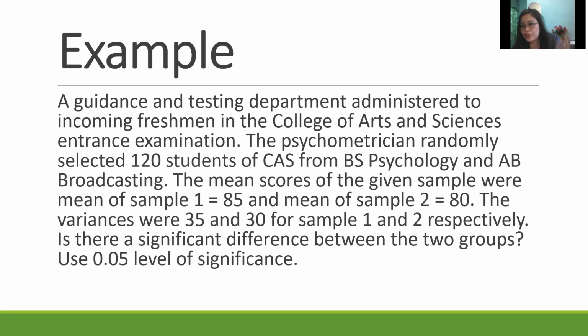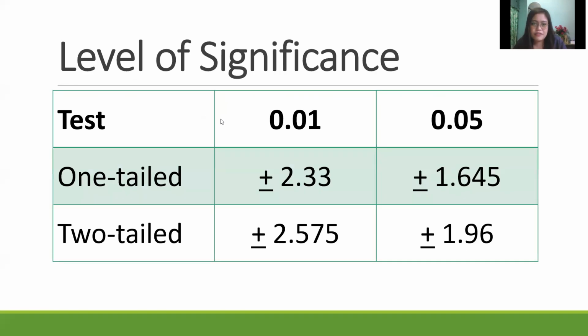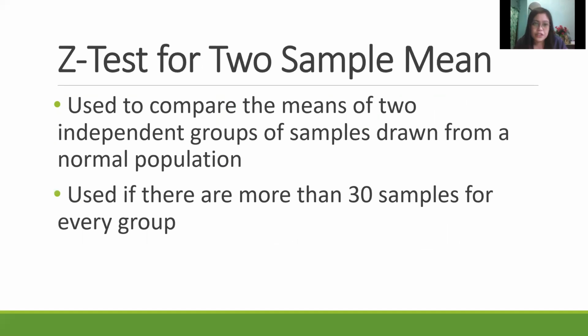That's when we use the z-test. Dalawang sample from the same population, you will compare both means, and then you will be using this one. So the z-test is most likely applicable if you have more than 30 na samples for each group.